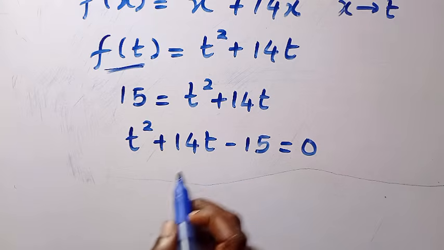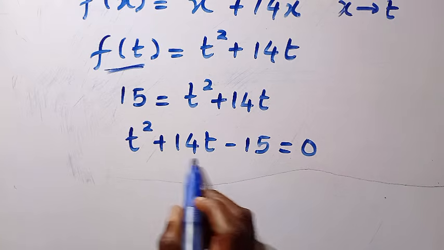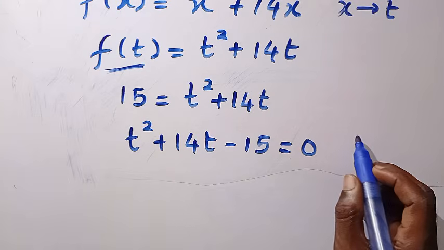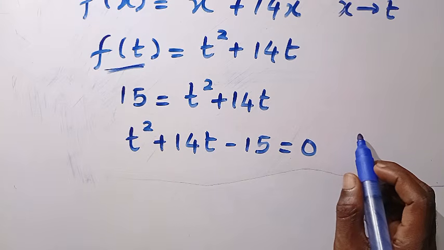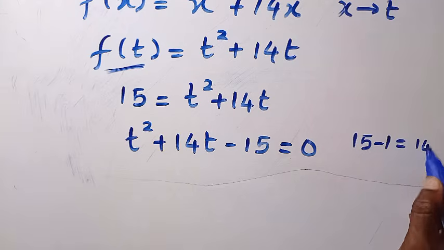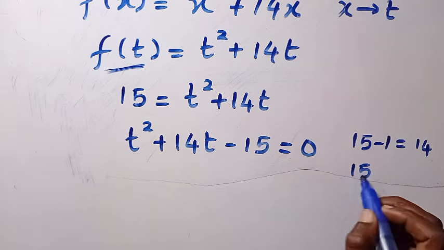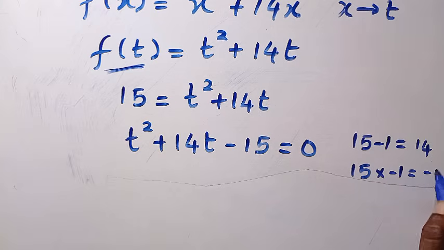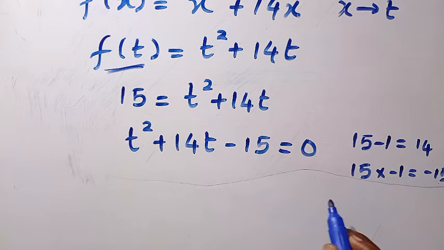So let's see if this is factorizable. The 14 is the sum and 15 here is the product. If I have 15 minus 1, this gives us 14, and 15 multiplied by minus 1 gives us minus 15. So this is true.